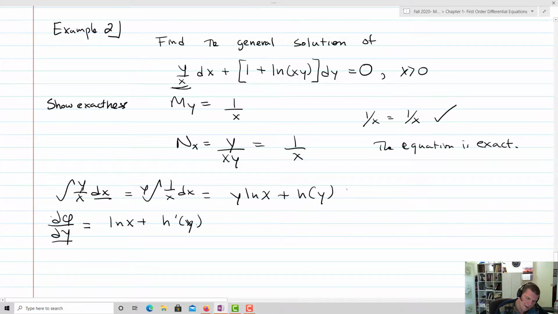Now that we have that, we need to set that equal to n. So this is now going to be 1 plus the natural log of xy equals the natural log of x plus h prime of y.